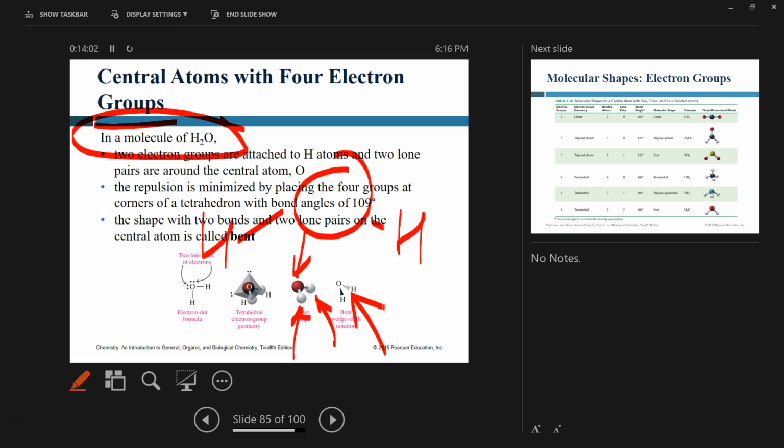Angle that is approximately 109 degrees. That makes sense? Oxygen is here. Hydrogen and hydrogen. That's the lone pair. That's the lone pair. Does that make sense? So what you essentially see is this bent molecule.